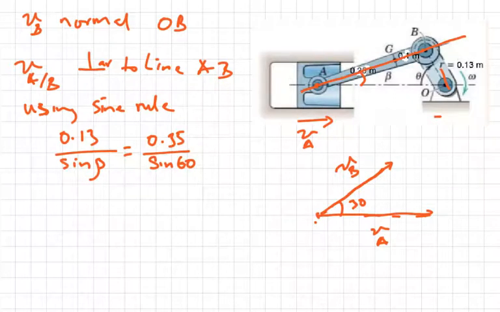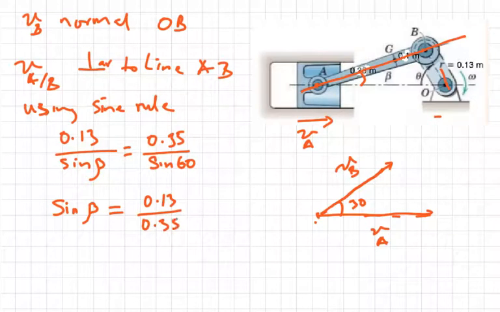And then from here we can find our sine beta will then be equal to 0.13 over 0.35 times sine 60.